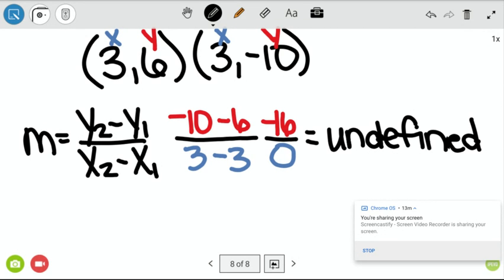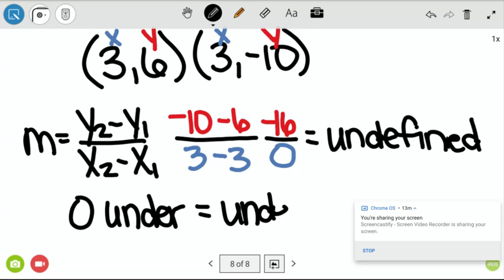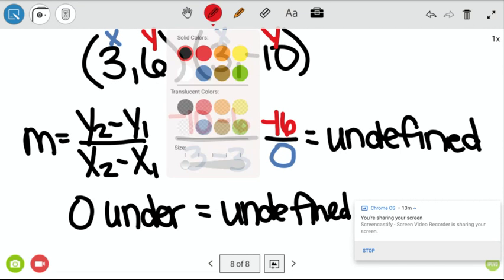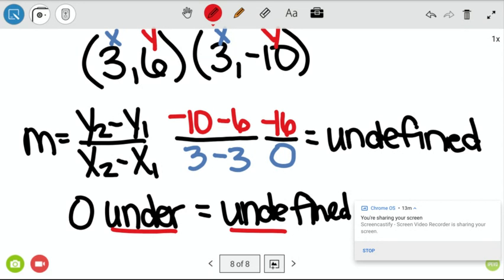So that is something, when 0 is under, then that means the slope is undefined. That might be an easy way for you guys to remember that. Under, undefined, they kind of go together. But dividing by 0, you can't take 16 things and make 0 groups. You can't divide by 0.